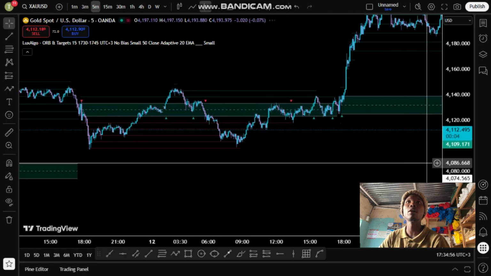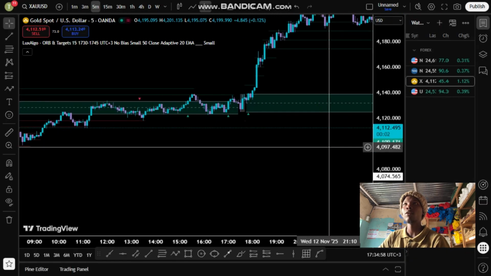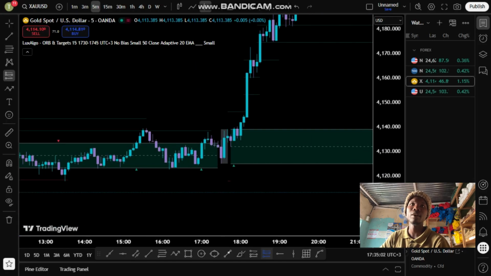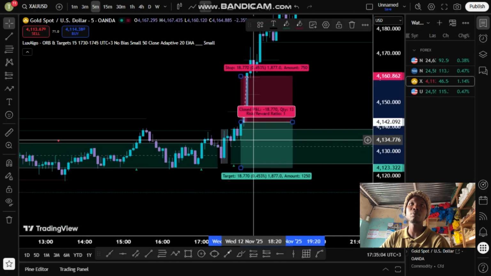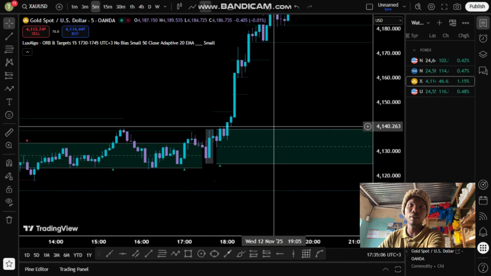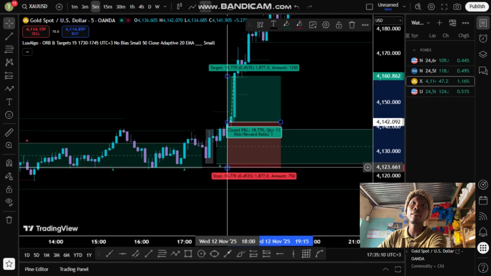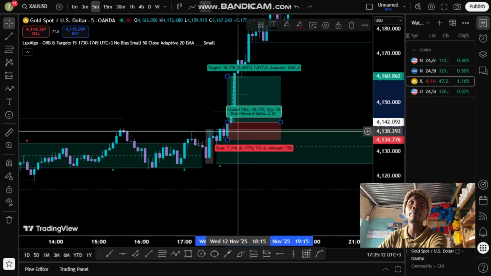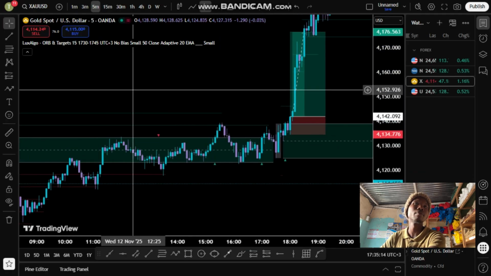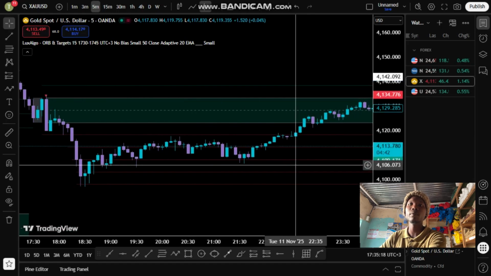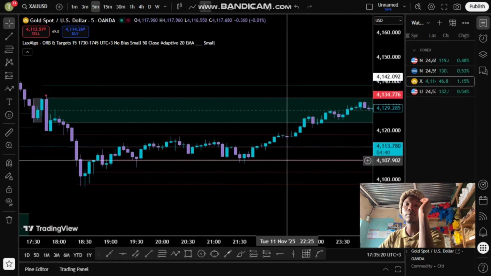Also at this point here, you would have put your stop loss there. Buy there, then stop below the momentum candle, and voila. See what I'm talking about? The same case here.